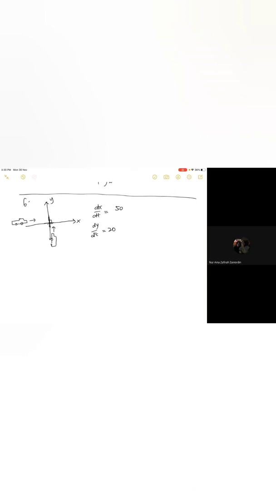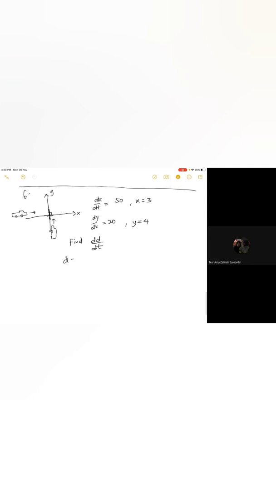At what rate is the distance between the two lorries changing when A is 3 miles from the intersection, so x equals 3, and B is 4 miles from the intersection. So the question asks you to find distance. We denote it as dD/dt. So what is the distance formula? D equals the square root of x squared plus y squared, because here is 0, 0 where they are arriving.